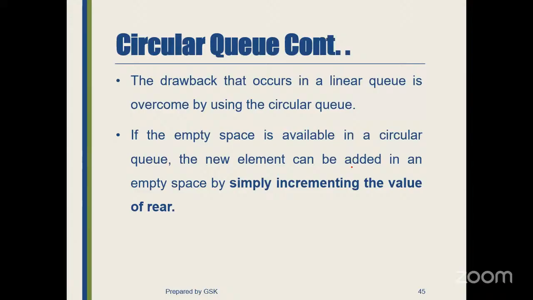The drawback that occurs in the linear queue is overcome by using the circular queue. If empty space is available in the circular queue, the new element can be added in an empty space by simply incrementing the value of rear.